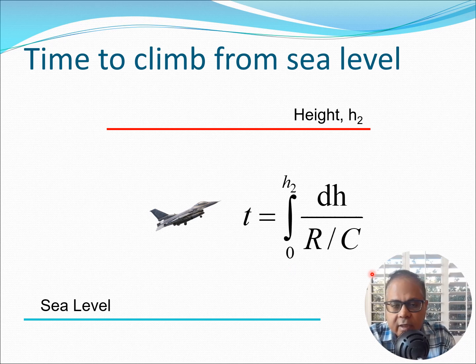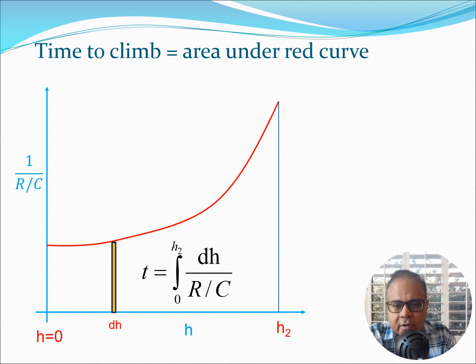Again this integral can be found provided we know the variation of R/C with respect to h. In general, the rate of climb would vary with h, so we would get some kind of graph like this if we were to calculate the rate of climb at different h values. And then we can calculate this integral.